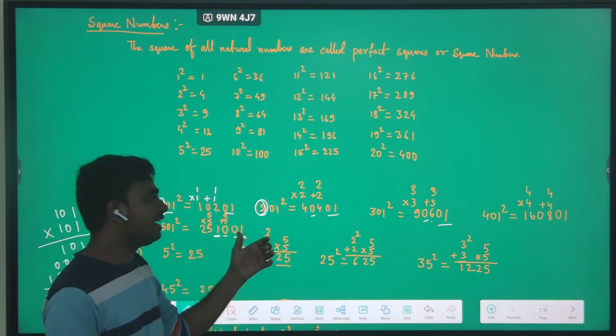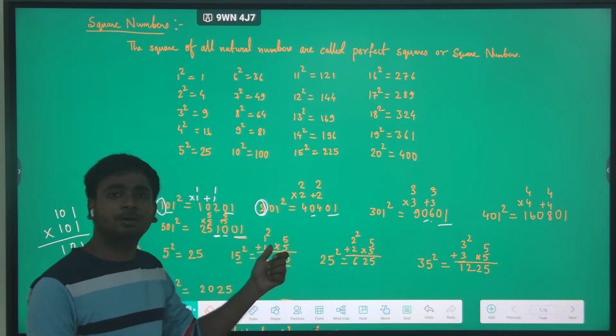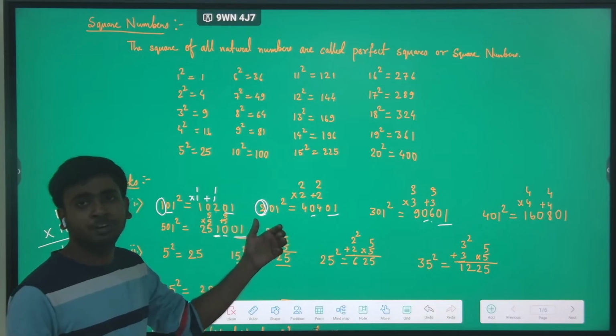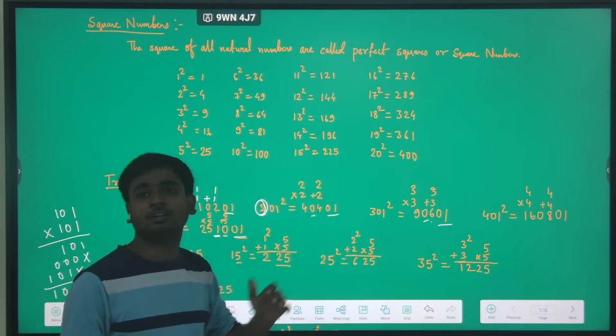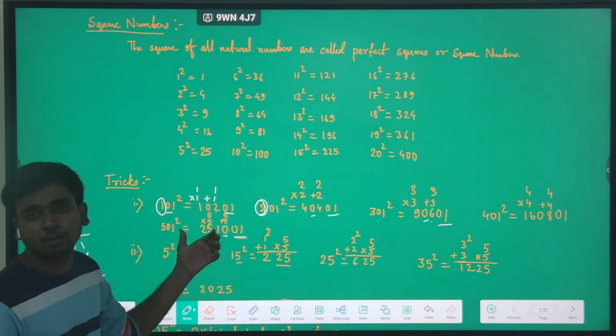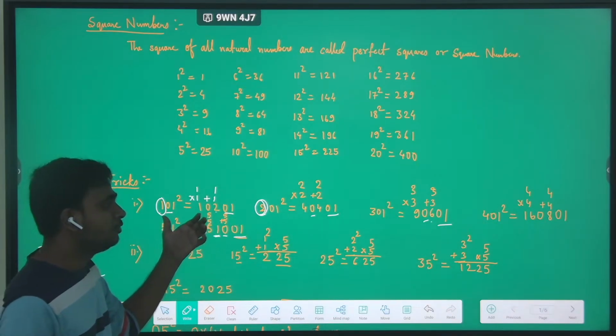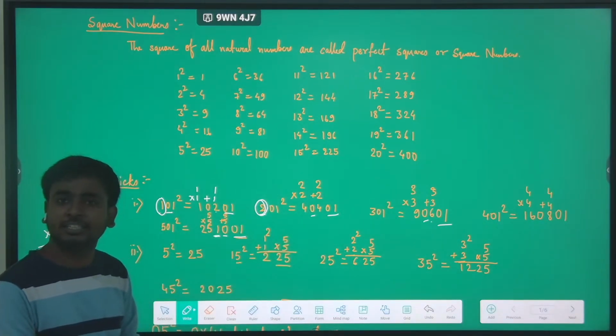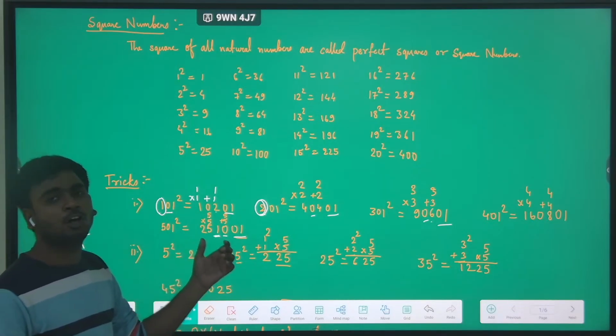If we remember these numbers, then we will use these square roots in the question. So this is very important to understand. It is the trick which helps us solve the question easily in a small amount of time.